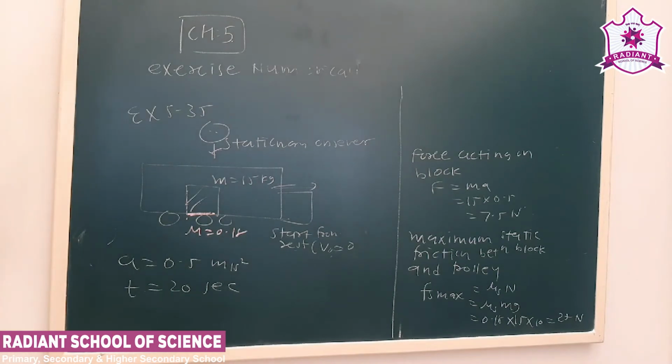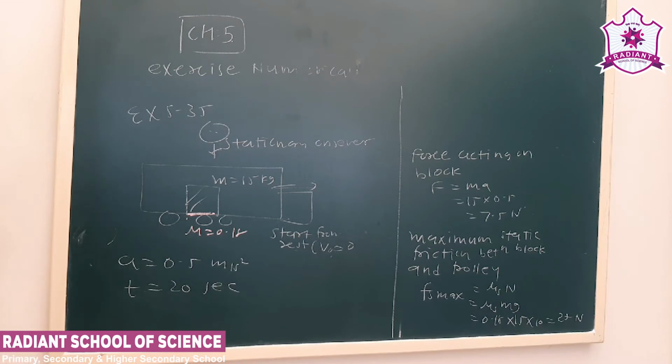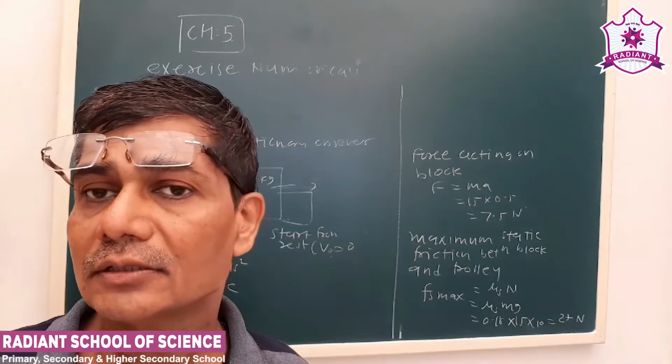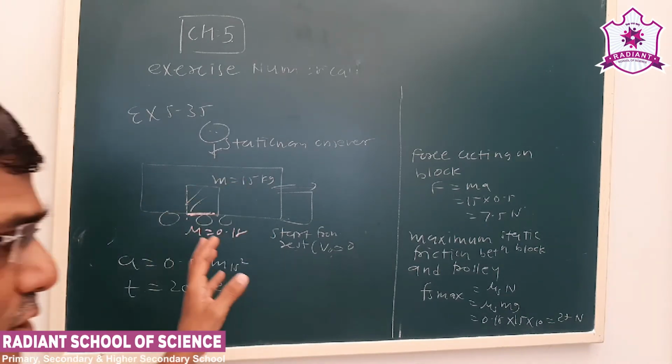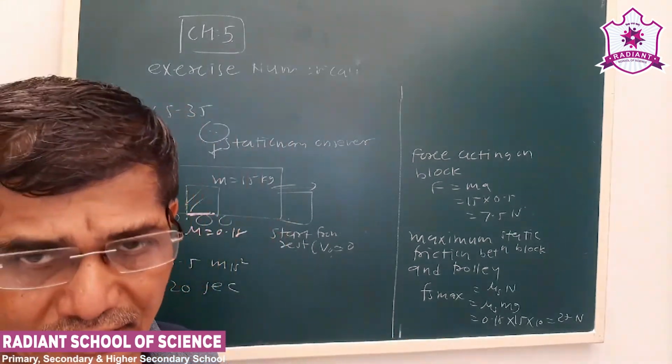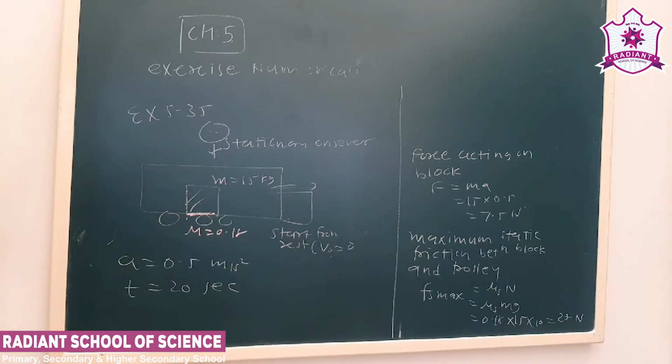Then there will be no acceleration of the trolley in that case, so it has constant velocity or zero acceleration. The person is also stationary, so he feels that the trolley is stationary. The block inside the trolley is stationary. So this is how we can solve exercise number 5.35.